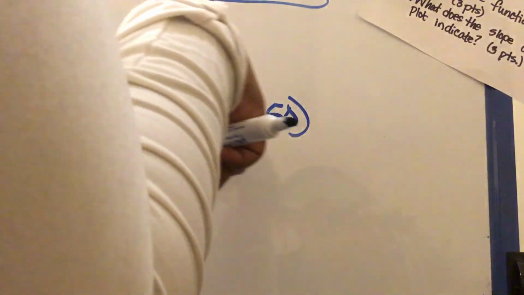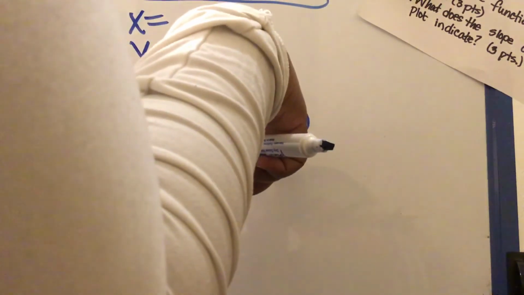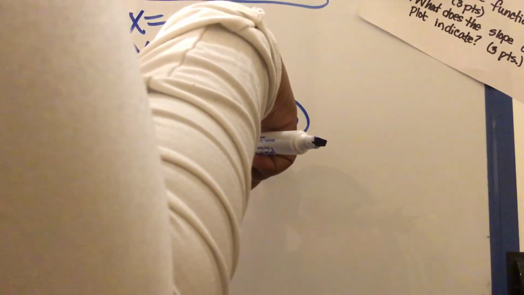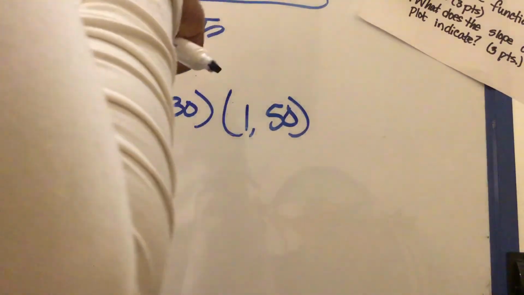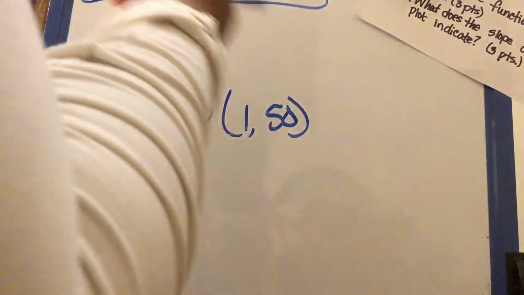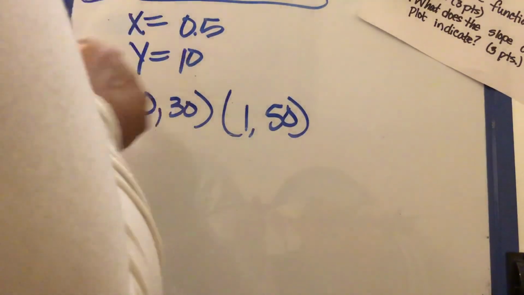I'm going to use this to find my slope. When I find my slope, I will have my y-intercept. And then I can answer C.